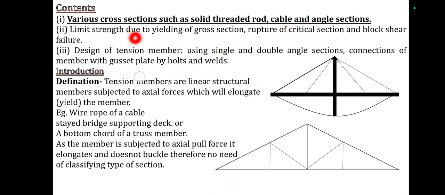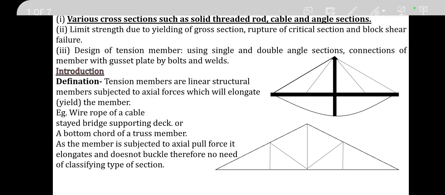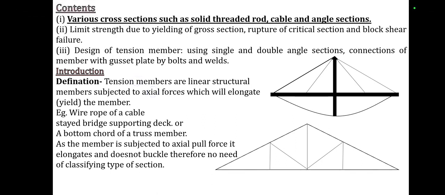Generally, a tension member fails due to three types of failure: yielding of the cross section, rupture of the critical section, and block shear. These are the three major causes of failure of a tension member.